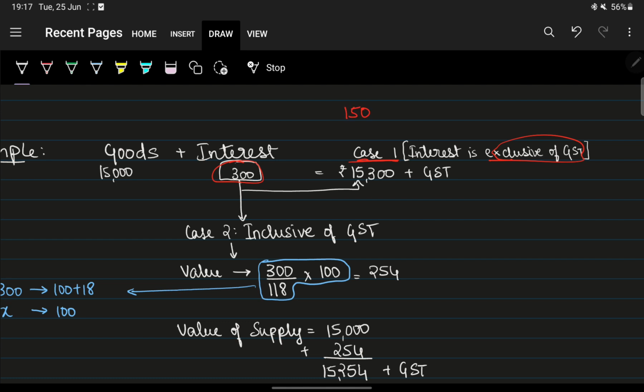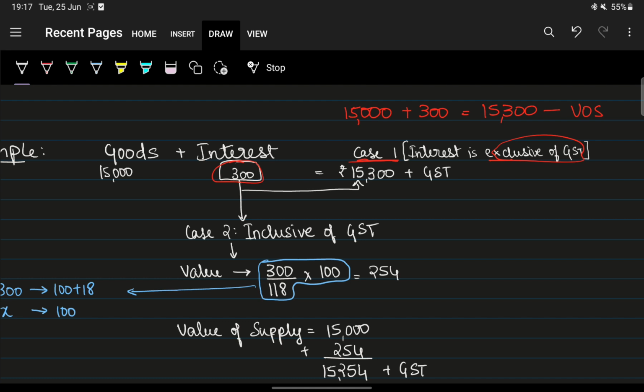Just take 15,000 and add 300 rupees to that. So in the end, your value of supply will be 15,300. When it is exclusive of GST, it is very simple.